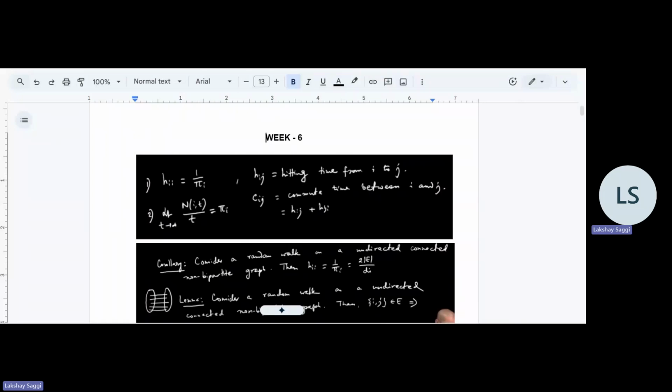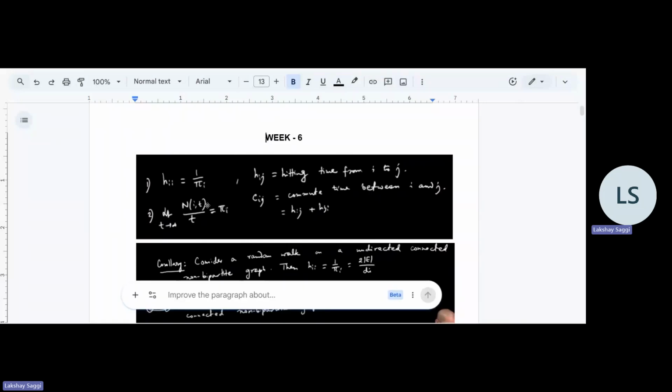The expected time after which one comes back to the state I is equal to 1 over pi I, where pi is nothing but the stationary distribution value, or let's say, if the Markov chain follows the conditions which we had discussed in the previous session, it's the limiting distribution kind of. So Hii is equal to 1 over pi I. We know how to calculate these pi i's. We discussed these last time also.